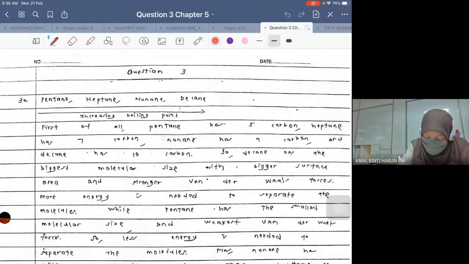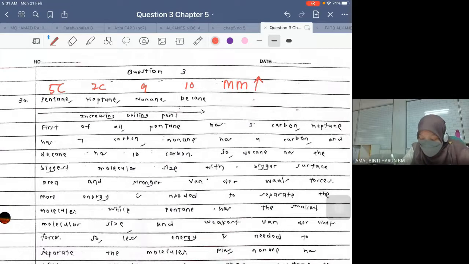Sharon lah. Sharon dia susun ikut molar mass, increasing molar mass. Pentane is 5 carbon. Heptane is 7 carbon. Nonane 9 carbon. Decane is 10 carbon. Okay, by looking at the number of carbon, we can see that their molar mass is getting increased.